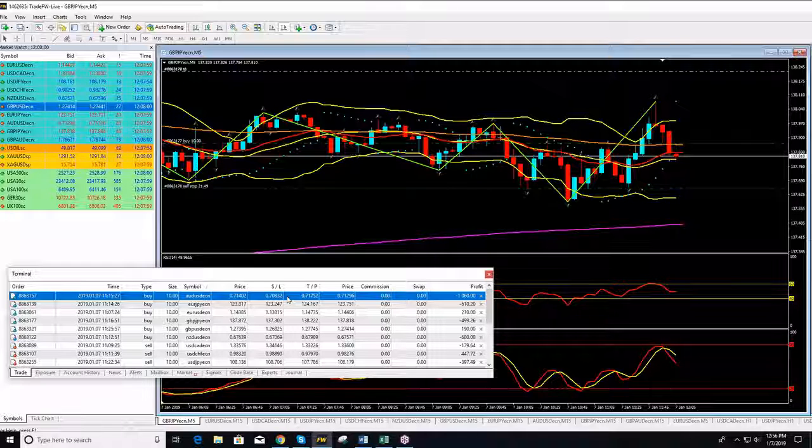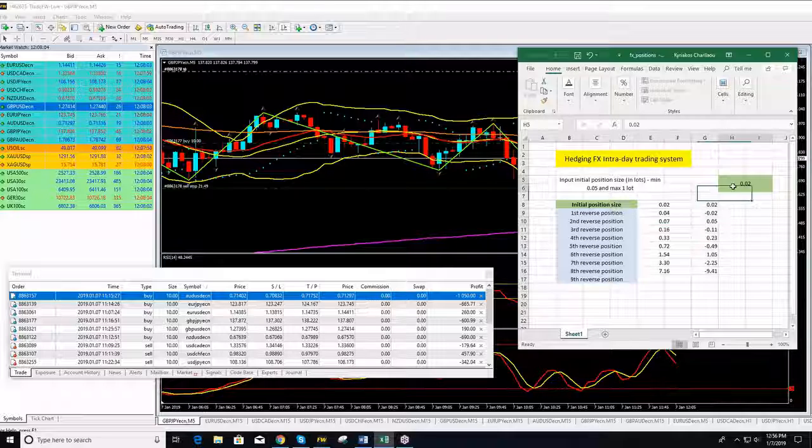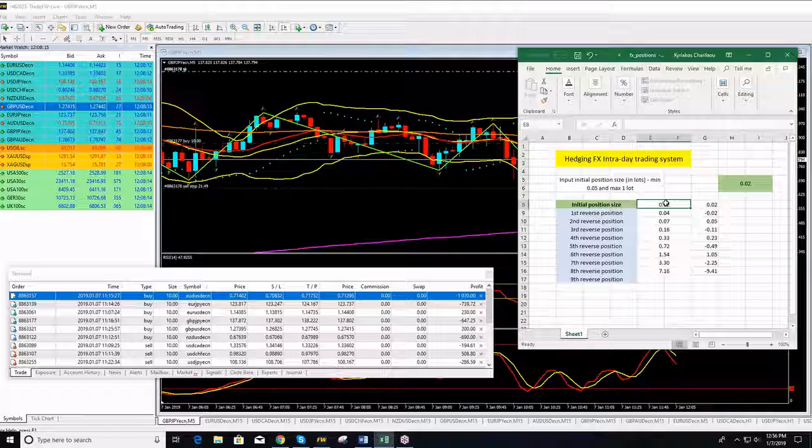Remember that if you would like to follow me on any of the positions, you need to use this Excel spreadsheet, which can be available through your personal account managers. What is the purpose of this? It is to calculate the next reversal position size only. The entry levels, the stop losses, and the TPs can be found here on the live trading room.